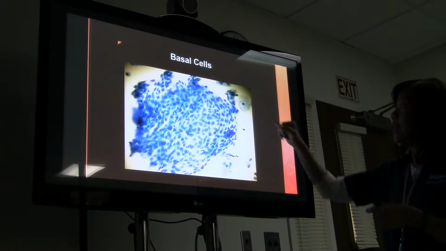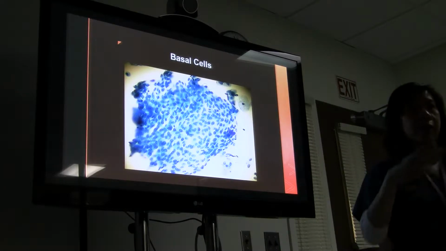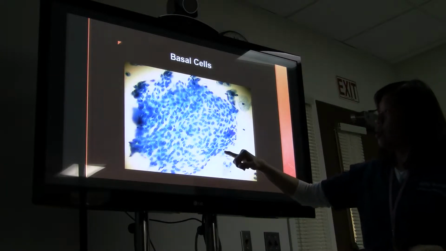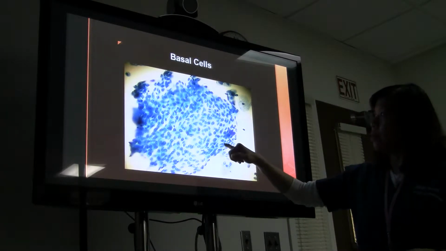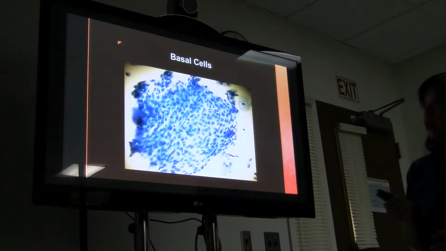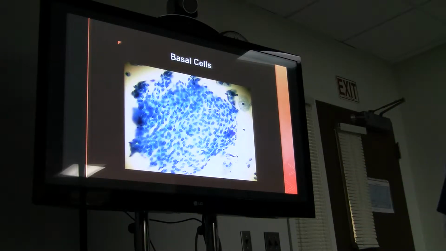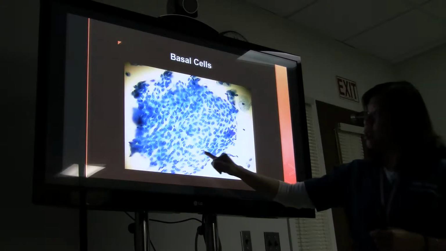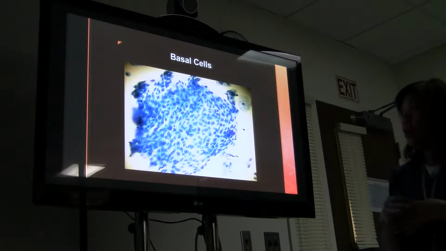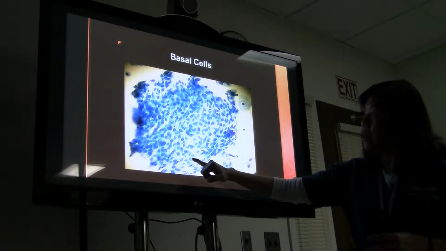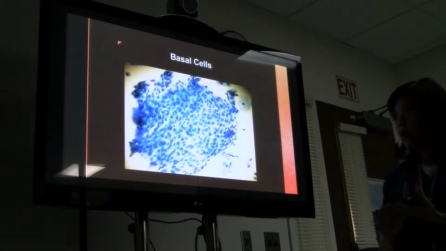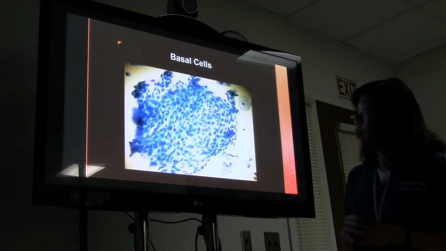You do not see a distinct border to say this is one cell, this is two cells. You can only count the nuclei, but you do not see the cell borders. So this group of cells has a very uniform, smooth nuclear contour, round to oval in shape. The chromatin inside the nucleus looks very finely granular, homogeneous, with a small chromocenter.